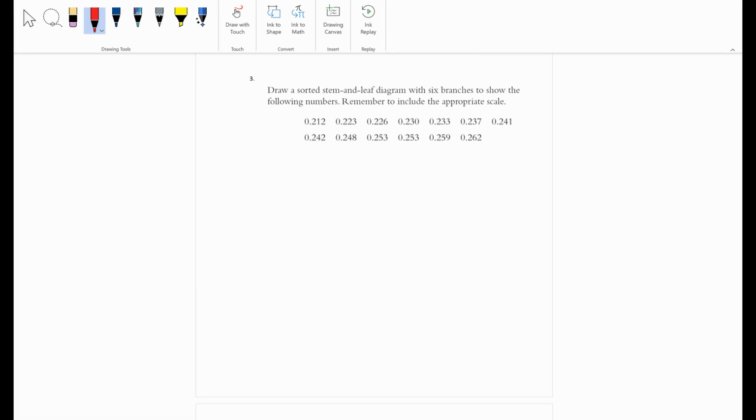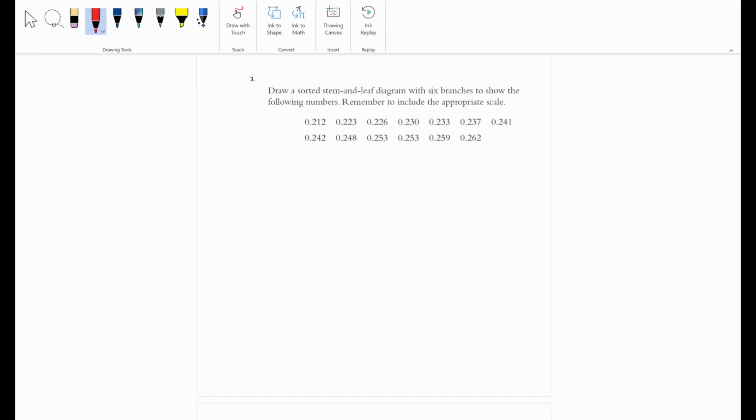Now the question is the other way around. The data values are given, and from those data values you need to draw a stem and leaf diagram. Draw a stem and leaf diagram with 6 branches to show the following numbers. You can't choose the key as you like, but a clue is given that it needs to have 6 branches.